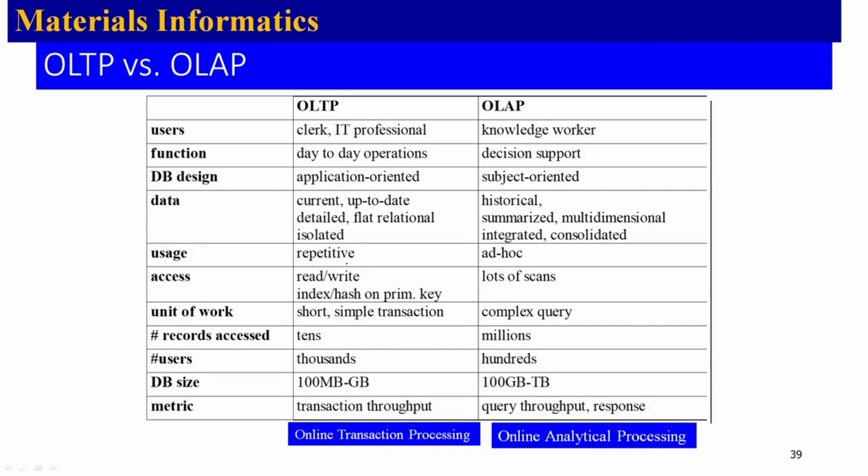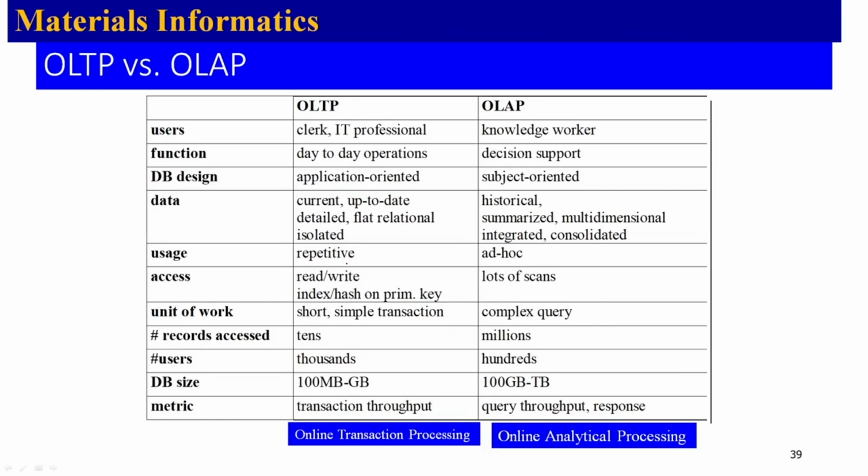Well, in terms of operation, you can have two kinds of operation, OLTP or OLAP. As you know, OLTP is online transaction processing, and OLAP is online analytical processing. What is the difference? OLTP is basically day to day operations, it is application oriented, data will be current and up to date, and obviously the data size is relatively small, hundreds of MBs.